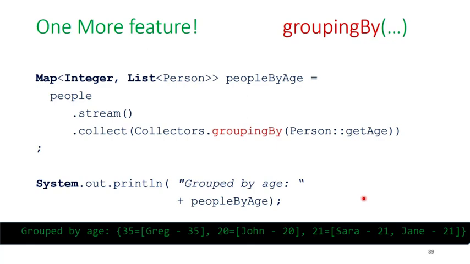And that's going to be the value in the map for that key, which was the age. So for the age of 35, I have a list of one person. Age of 20, list of one person. Age of 21, list of two person objects. That's it.